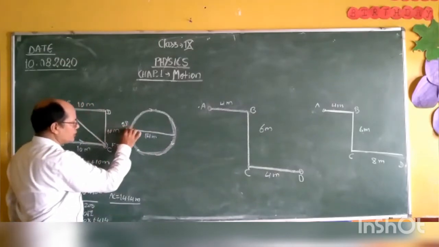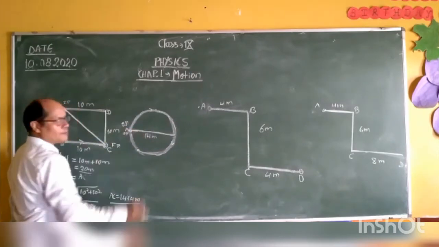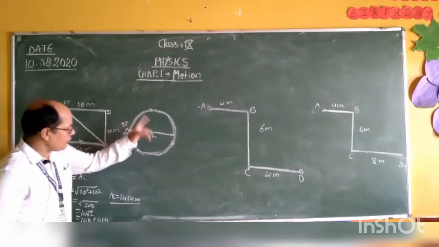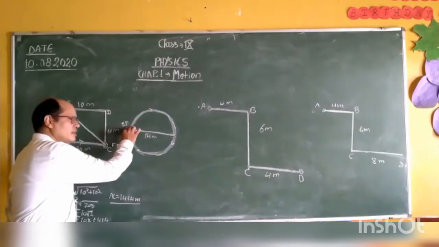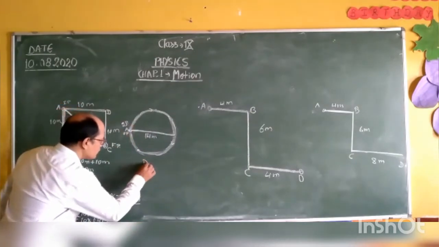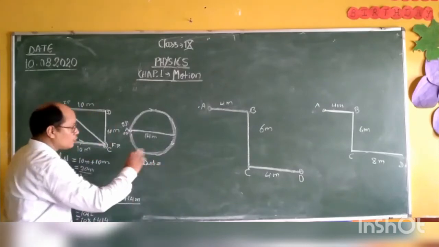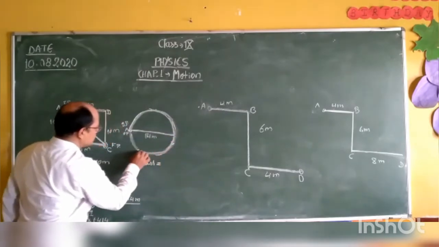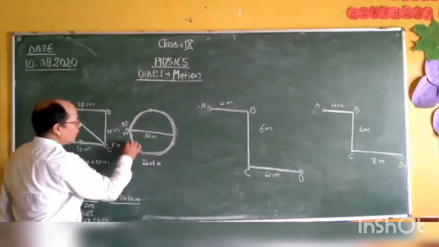It means my initial position and my final position are both the same. I start from A and after traveling its circumference, I stay at the same position. Then the distance will be the total length covered. I am moving in this direction, so the total length covered is the circumference of this park.